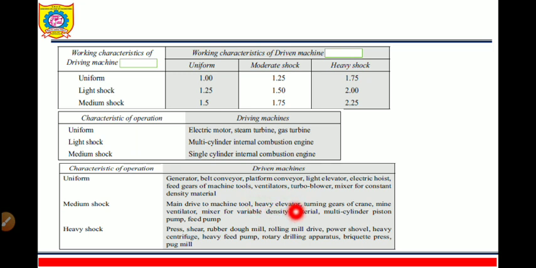For heavy elevator medium shock is there, so I will go for medium shock, that is moderate shock, and uniform. So I can select 1.25 as my service factor, and generally service factor ranges from 1.25 to 1.5. So these three tables will help us to find out the correct service factor.